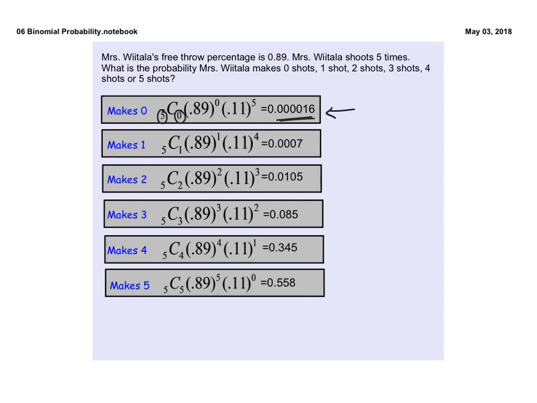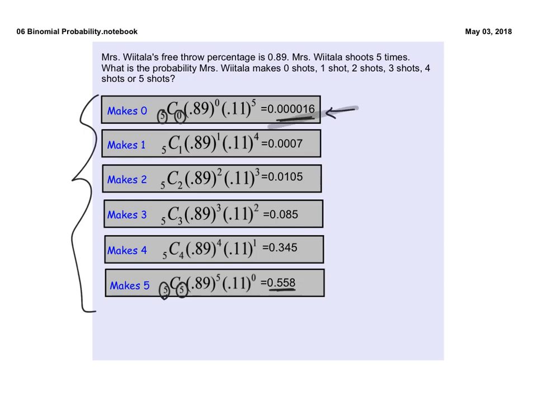However, on the other end, since my free throw percentage is really good, if I take 5 shots and I make 5 shots, that's more likely to happen. In fact, it's more than a 50% chance. Now, this covers all the scenarios of me making 0, 1, 2, 3, 4, or 5 shots.